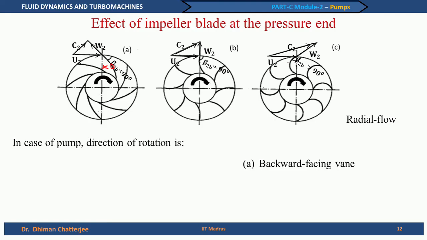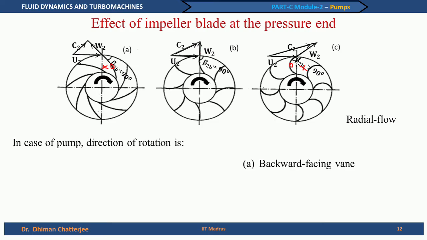Whereas in this other case, you are again sitting on the vanes, but the center of curvature is somewhere here, which means you are looking in the direction of rotation of the blades. So, this one will be considered as the forward facing vane.